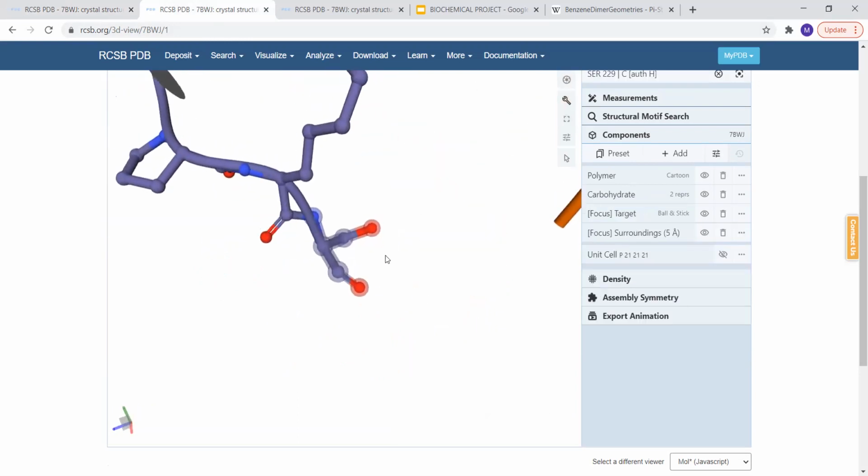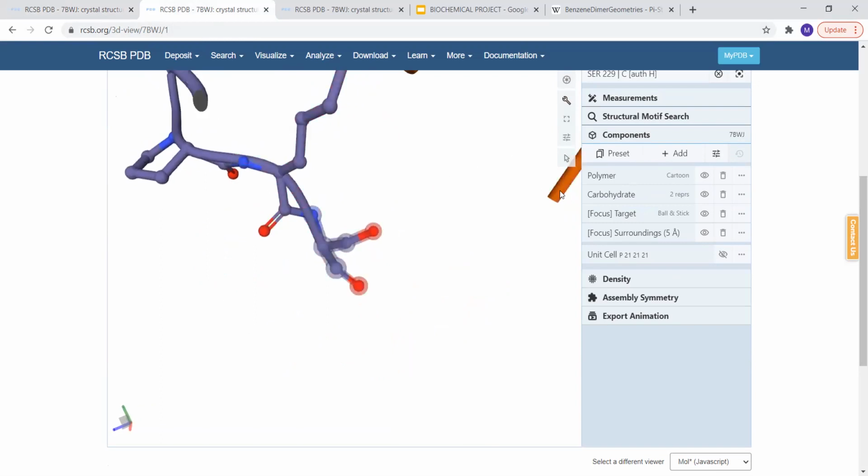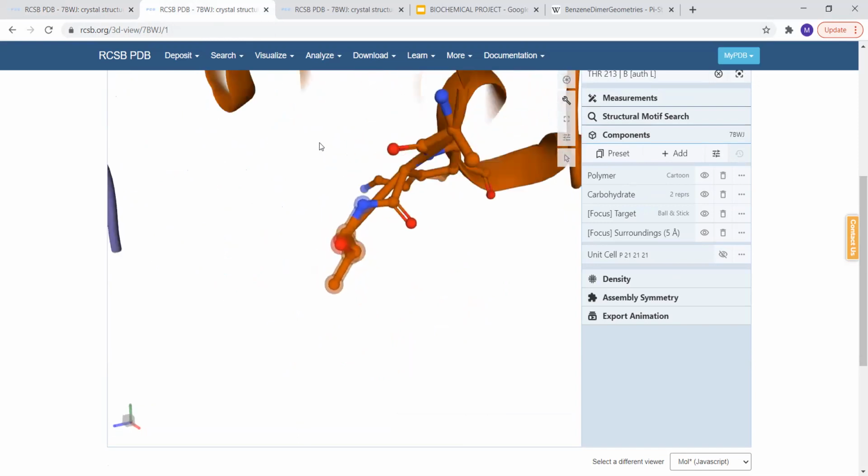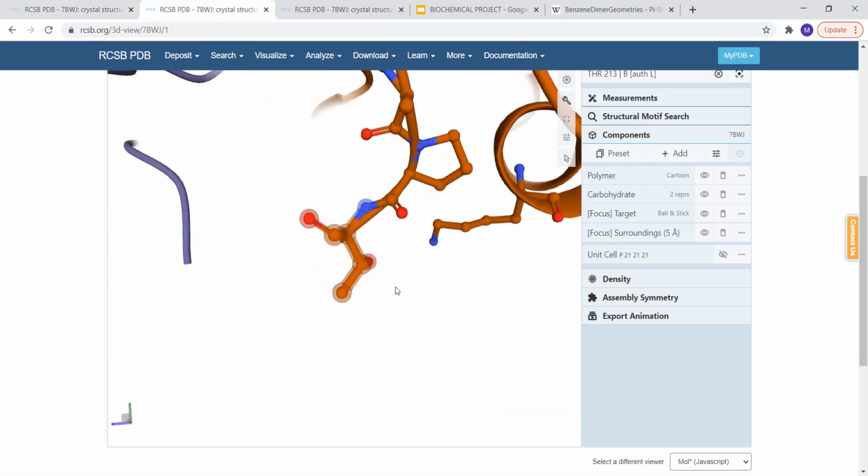Here you go. You can see that the purple chain and the orange one have no type of interactions. They don't have a bridge between them.